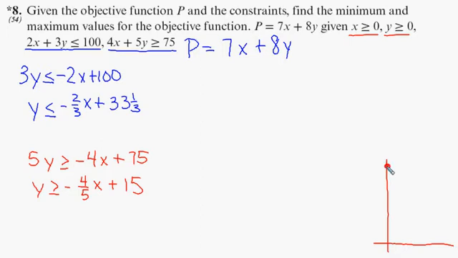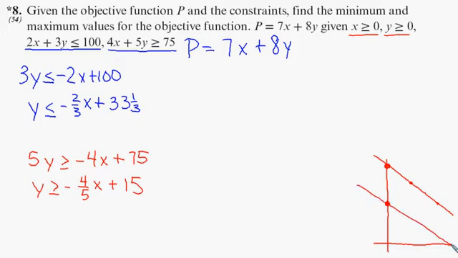And so if we go down 2 over 3, down 2 over 3, we've got this kind of thing going on here, okay? And then for this one, positive 15, we've got it coming way over here, all right? And that is negative 4/5, so down 4 over 5, right? So either way, we're going to have something kind of like this going on.